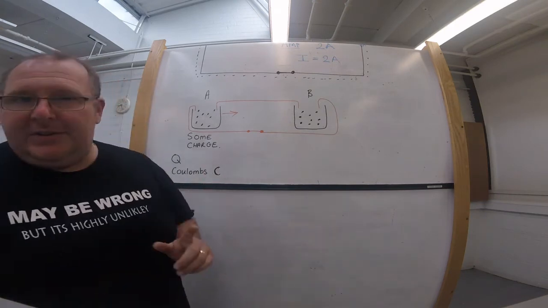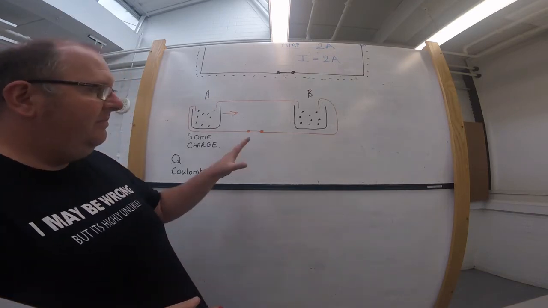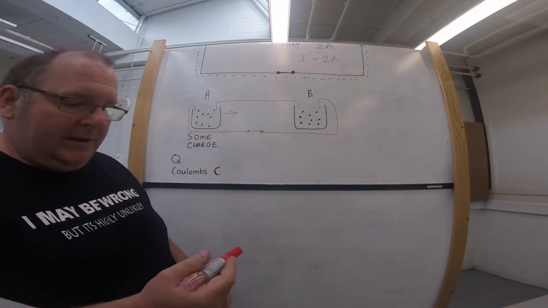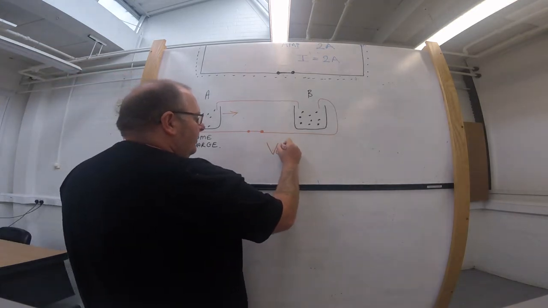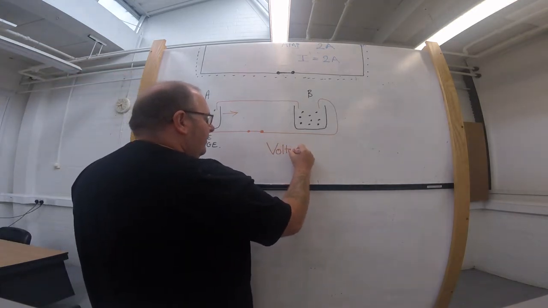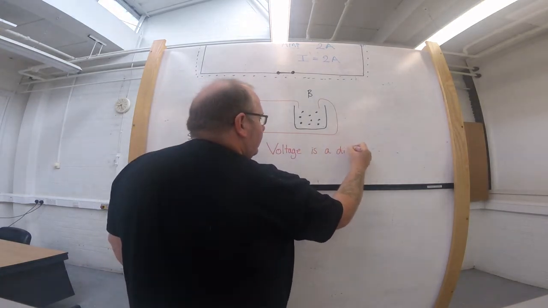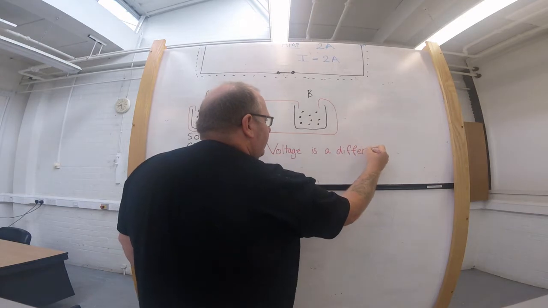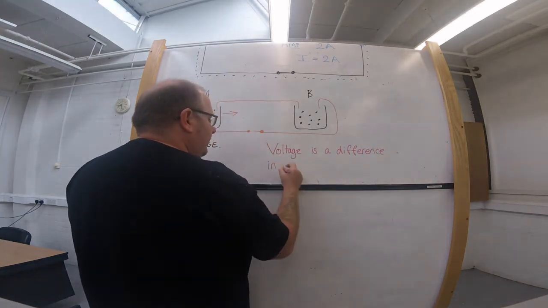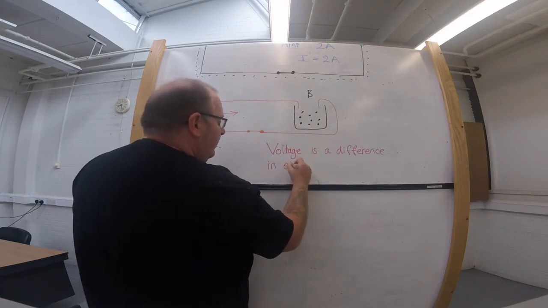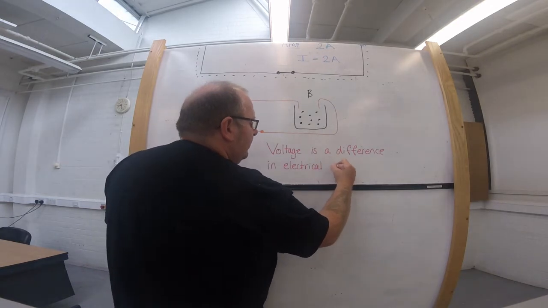So I'll give you a sentence to cover voltage. I hope it appears on the board with this lighting conditions. A voltage is a difference in electrical potential.